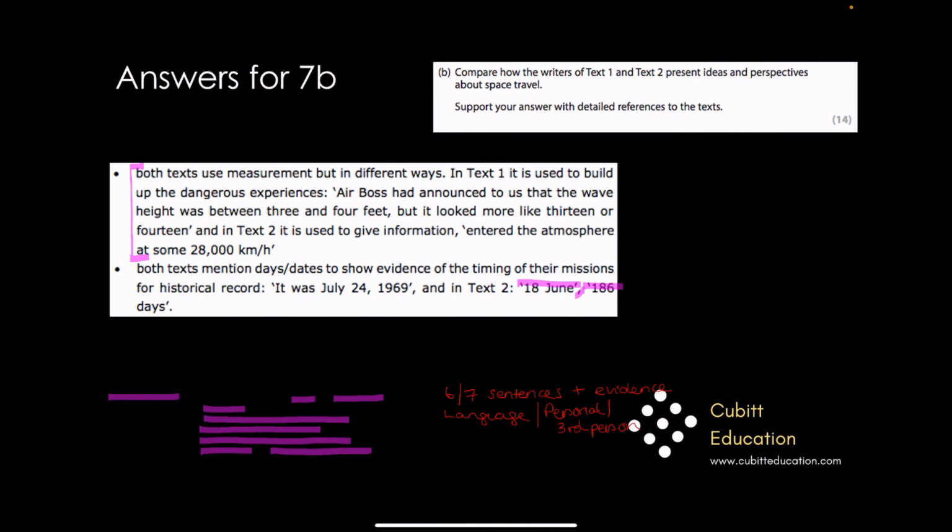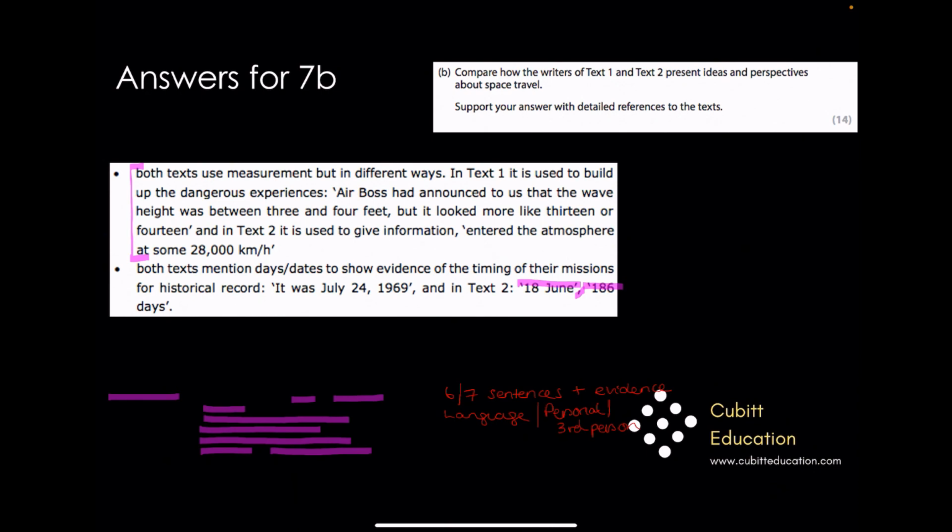So you're mentioning what happened in both texts and how they were done differently. You've then said that in text 1, it is used to build up the dangerous experiences and given a reference: Airbus had announced to us that the wave height was between 3 and 4 feet, but it looked more like 13 or 14. And in text 2, it is used to give information: entered the atmosphere at some 28,000 kilometers per hour.